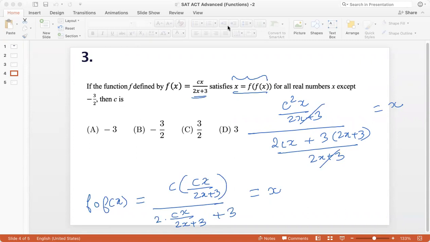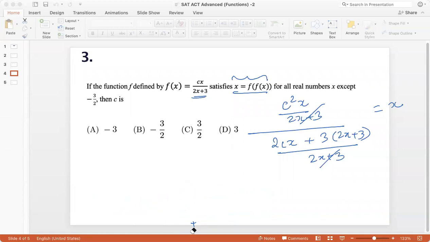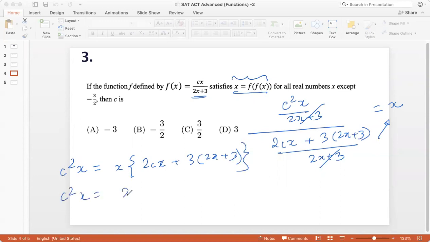So my next step will become, I will take this to the right hand side by cross multiplying. So I will get c²x is x times (2cx + 3(2x+3)). So c²x is 2cx² + 6x² + 9x.